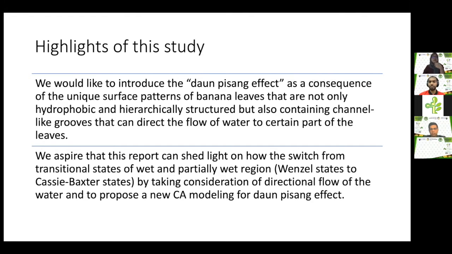So what we aspire from this study is to shed light on the switch of transitional state between wet and partially wet regions, because before this, when you talk about anti-wetting, you talk about an established model from 1936 with an established assumption of hierarchical structure, without considering the channel-like groove in daun pisang.